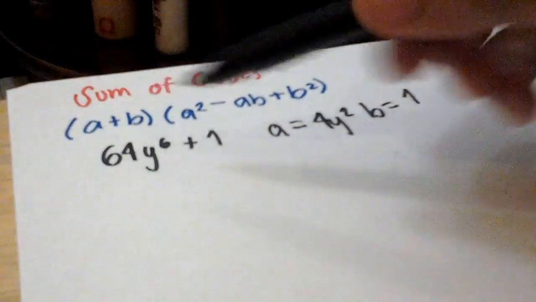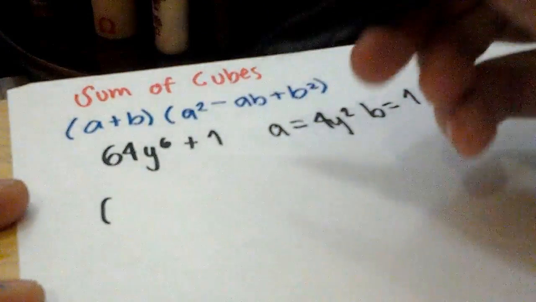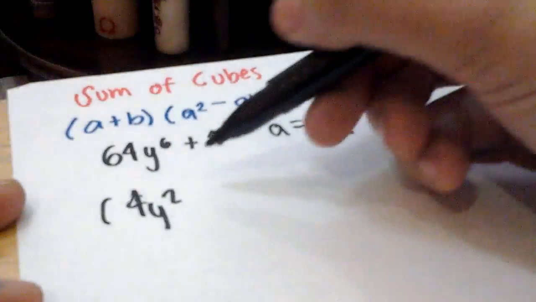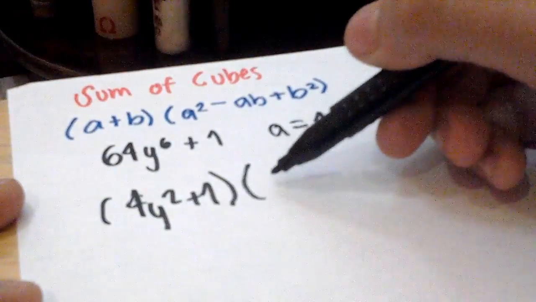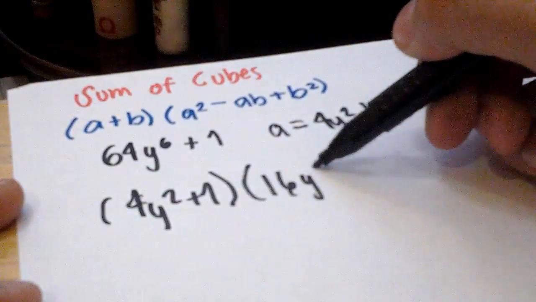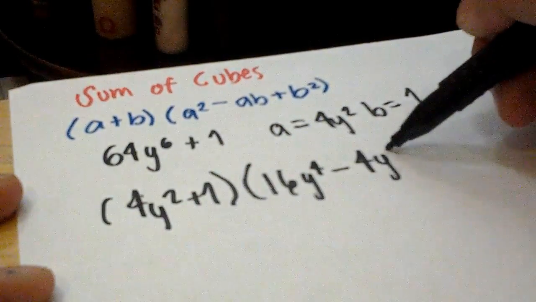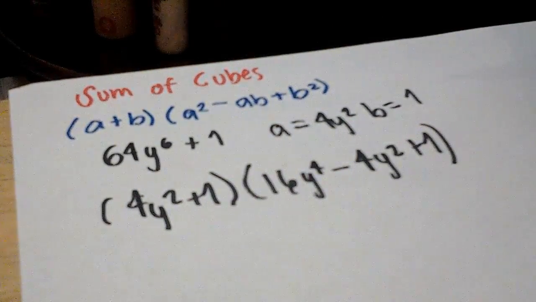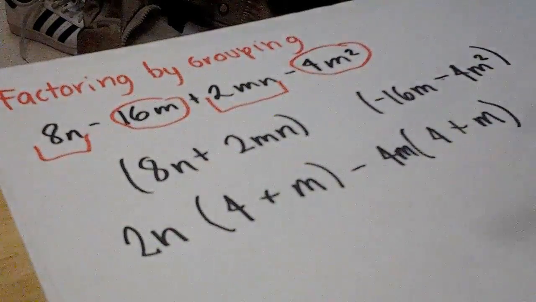It's the same problem, but adding; the a and the b stay the same, and now we just change it with the formula, and it's 4y squared plus 1 and 16y to the fourth power minus 4y squared plus 1. And this is the factorized product.